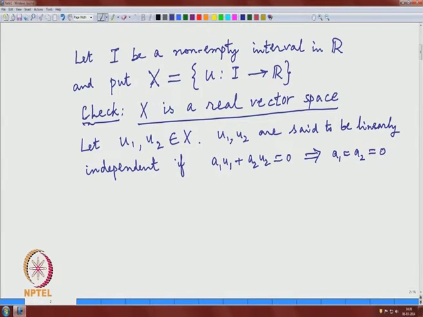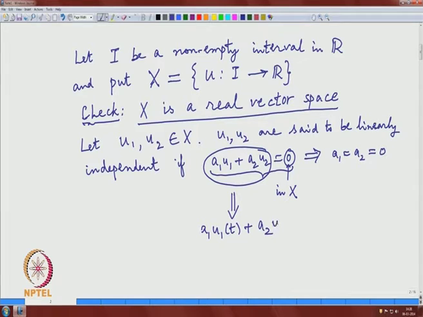The only thing we have to remember here is what is meant by this. So, this is 0 in X. Okay. So, a1 u1 plus a2 u2 is again a function from the interval I into real numbers. So, the left hand side is a function and this is the 0 function. So, this implies a1 u1(t) plus a2 u2(t) equal to 0.